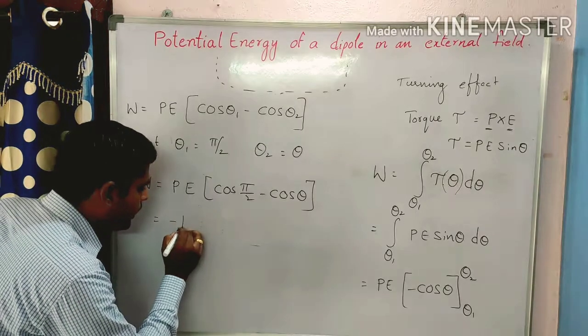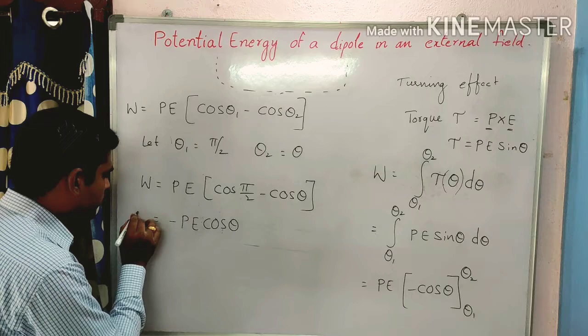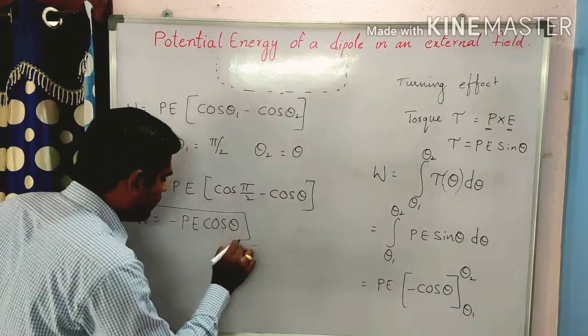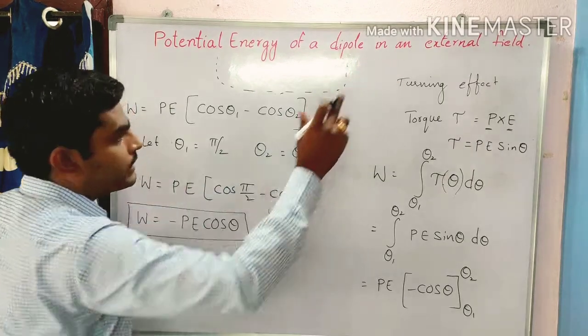So I will write this one as minus PE cos theta. This will become the work done, which is nothing but the potential energy of a dipole in an external field.